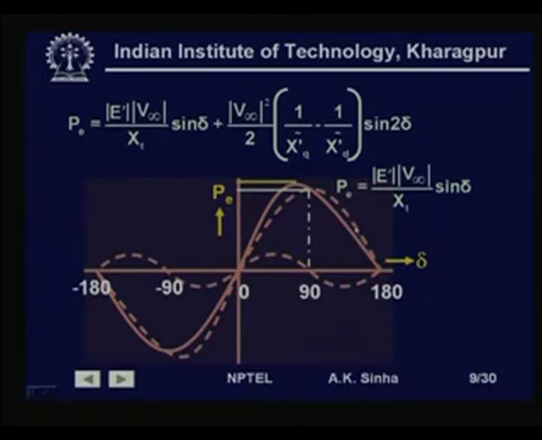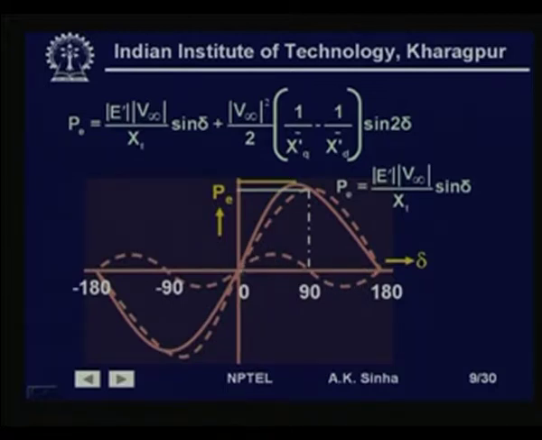The curve is like this, and for a salient pole machine the electrical power output is given by this relationship, where this is the term which is the same as for the cylindrical rotor machine, but there is a term added which has a sine 2 delta term involved, which means it is a second harmonic term, and this is shown here.